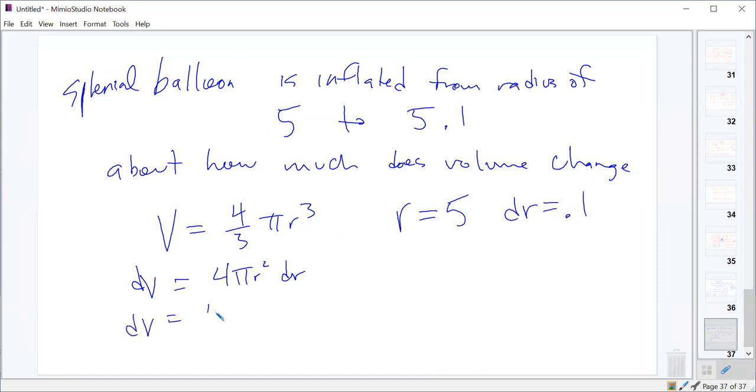So you get dV equals 4 pi times 25 times 0.1. So 1/10 of 100 pi, which would be, it changed by about 10 pi. That's not perfect, that's not exact, but it's pretty close. They like to ask those too. Good there? Yes. All right.